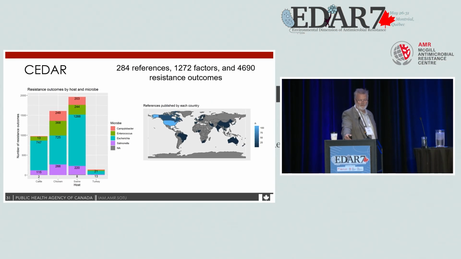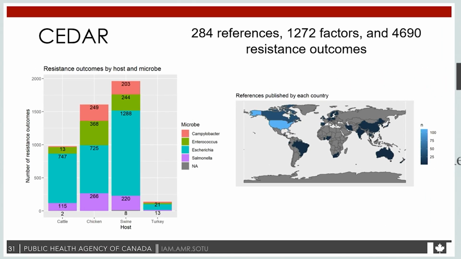So far since we've started, the data from 284 papers have been extracted with 1,272 factors across all the different pathways, leading to 4,690 resistance outcomes.